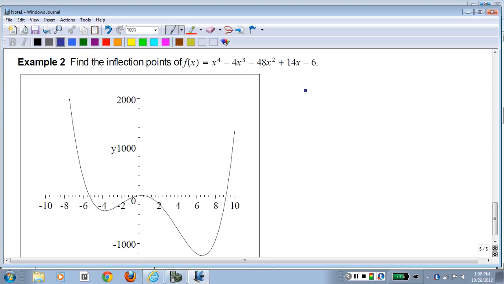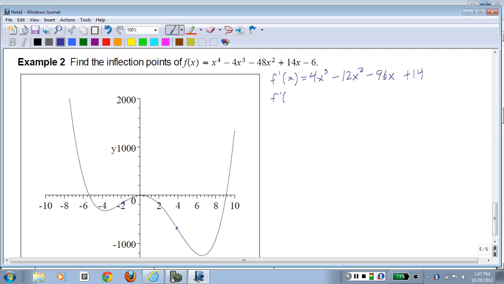So let's do it just like we did the previous one, except we'll take it a step further and actually find the coordinates of the points, maybe right there somewhere, and right there somewhere where the concavity actually does change. So f prime of x equals 4x cubed minus 12x squared minus 96x plus 14.